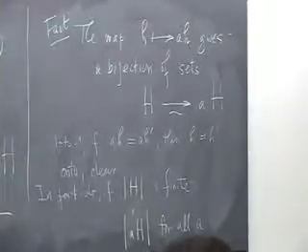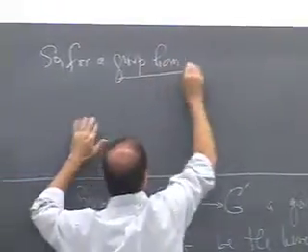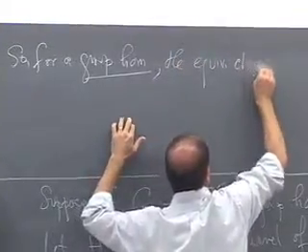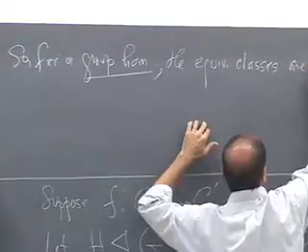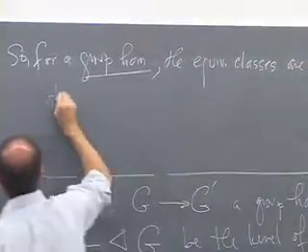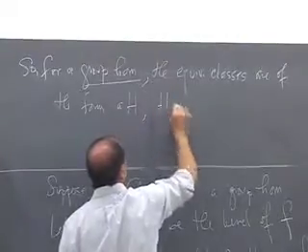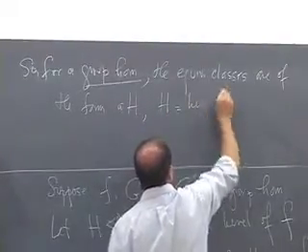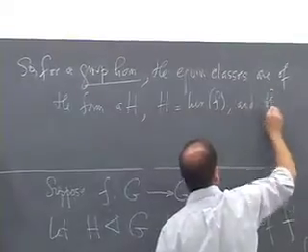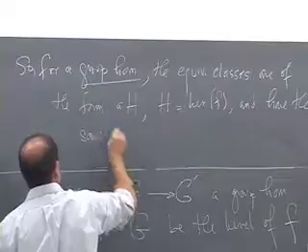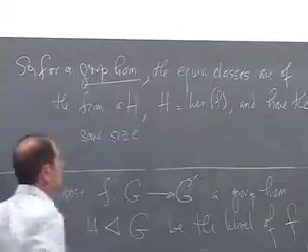So for a group homomorphism, the equivalence classes are of the form AH, where H is equal to the kernel of F, and have the same size because they're in bijection to each other.